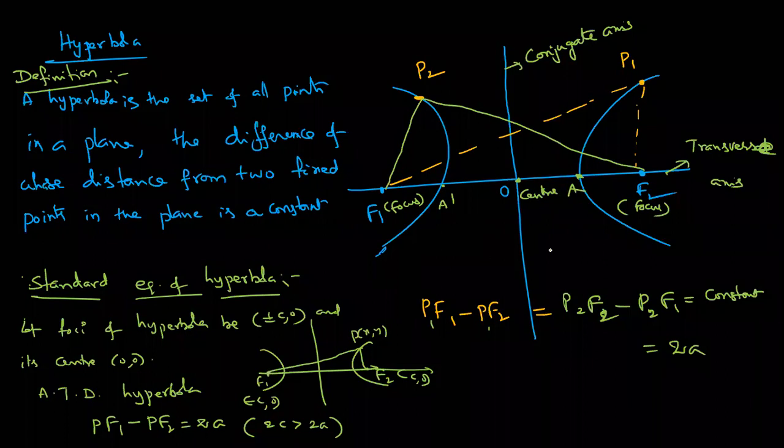Here a means what? Your semi-transverse axis. 2a means the length of the transverse axis. I'm telling you.